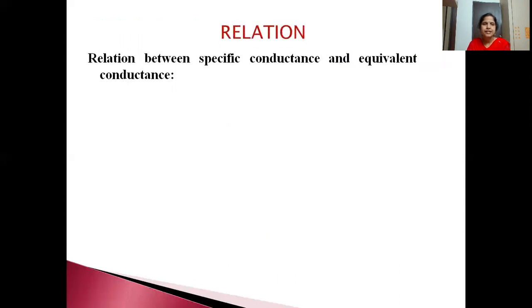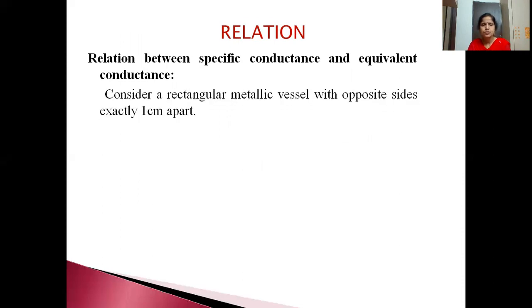Then we will be seeing the relation between the specific conductance and equivalent conductance. Now, what is the relation between these two? Suppose we have a metallic vessel whose side is 1 centimeter, and that vessel has a cross-sectional area of 1 square centimeter.